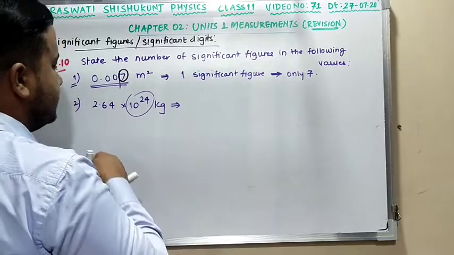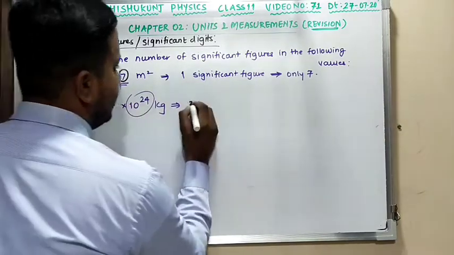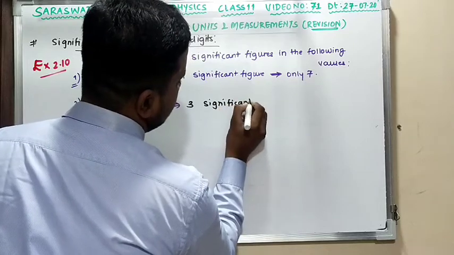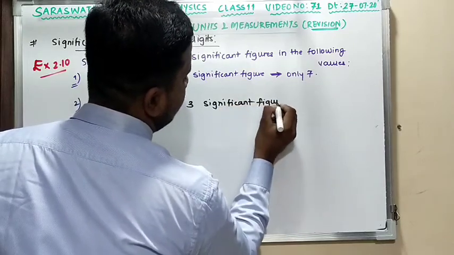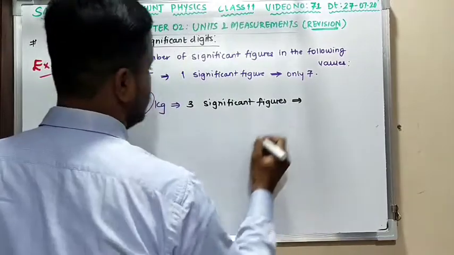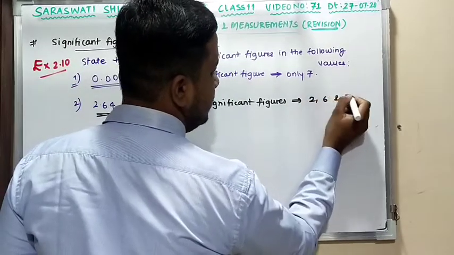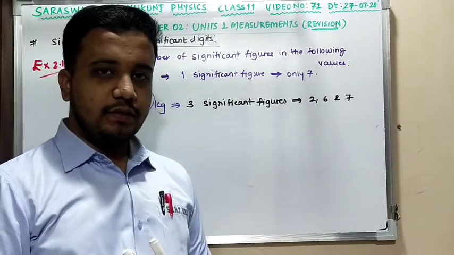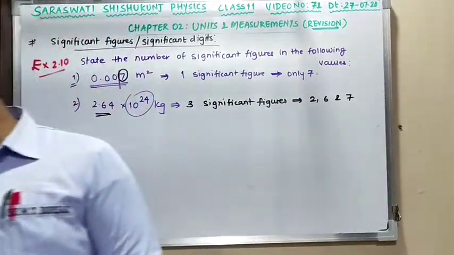So how many significant digits are there? 3. So I can write 3 significant figures, and they are 2, 6 and 4. Is this clear? 100%? Very good.